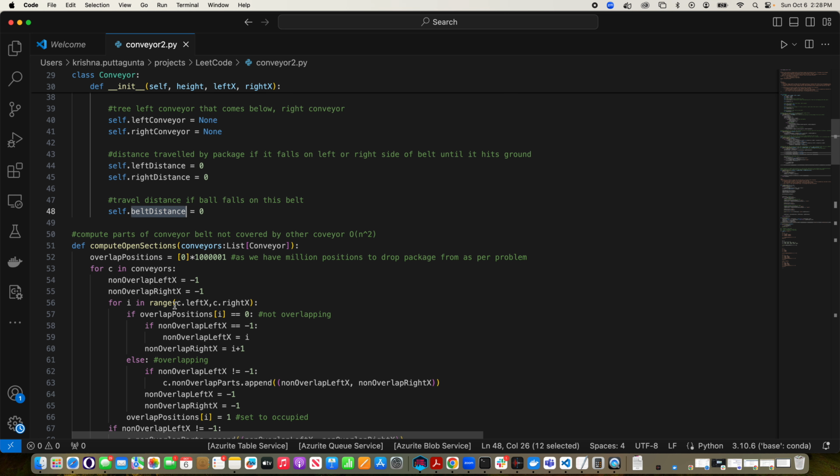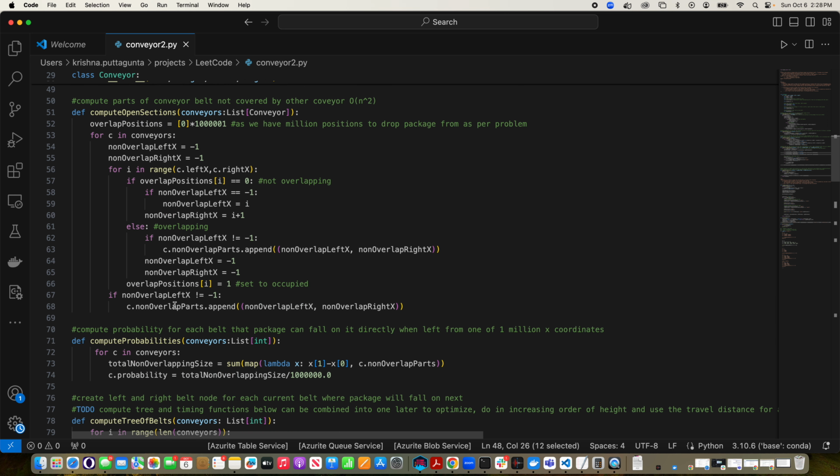But first you need to compute the part of the belt that is not overlapping with anything. So here is something that I have written. There may be a much more optimal way to do this. So I took 1 million Boolean points. Now go through each conveyor belt and fill these Boolean points with 1 or 0, right?